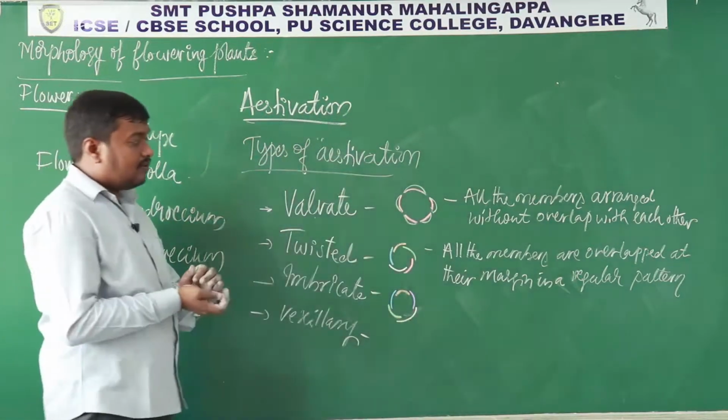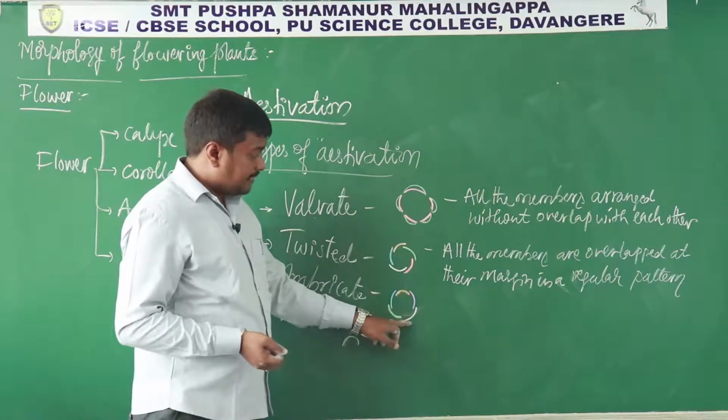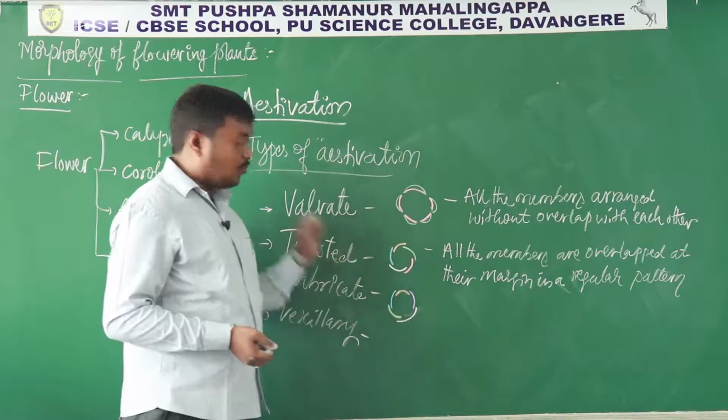See here, one petal is present completely inside, one petal is completely outside, and the remaining are overlapped.